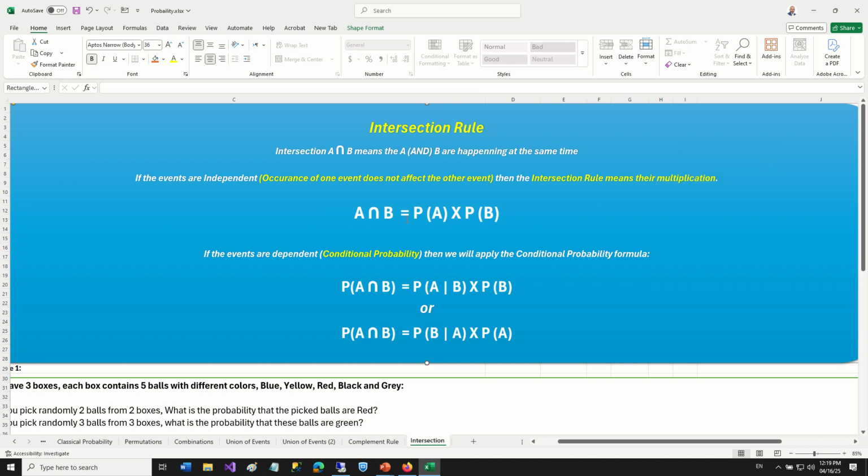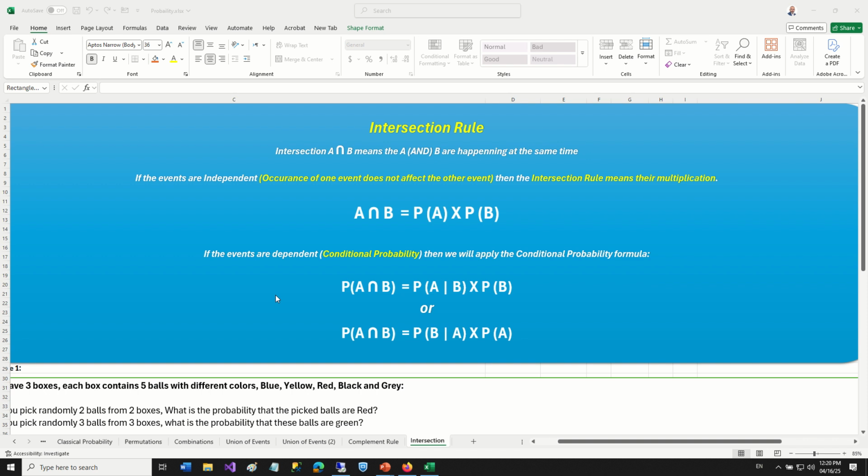So P of A intersection B equals probability of A multiplied by probability of B.